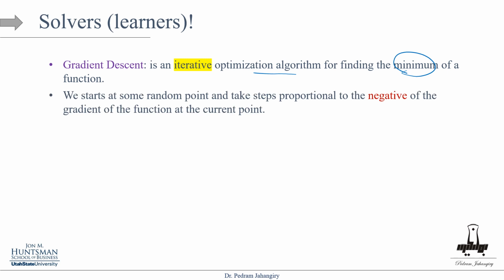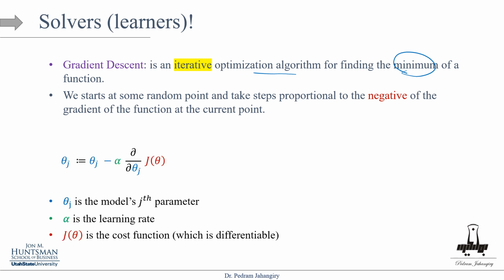So we start at some random point and take steps proportional to the negative of the gradient, in the opposite direction of the gradient. Here is the mathematical formulation. We have theta, our parameter of interest. Then we have alpha, which is what we call the learning rate, the magnitude of the steps that we take in the right direction. And finally, this is our cost function, and this is the gradient of the cost function.